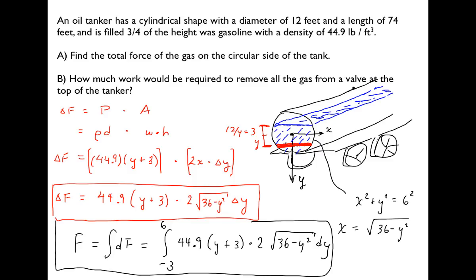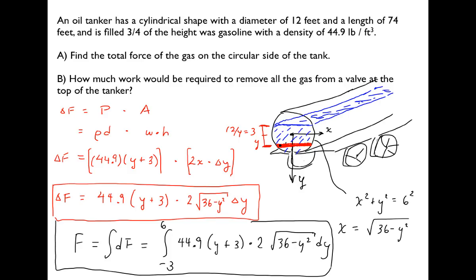Because we need every typical strip. Here's y equals 0. So we have typical strips up here, that's y equals -3, all the way down to 6 at the bottom, based on our y equals 0 being in the center of the tanker. So I think you have the y plus 3 set up, which gets us the depth, and so the pressure.